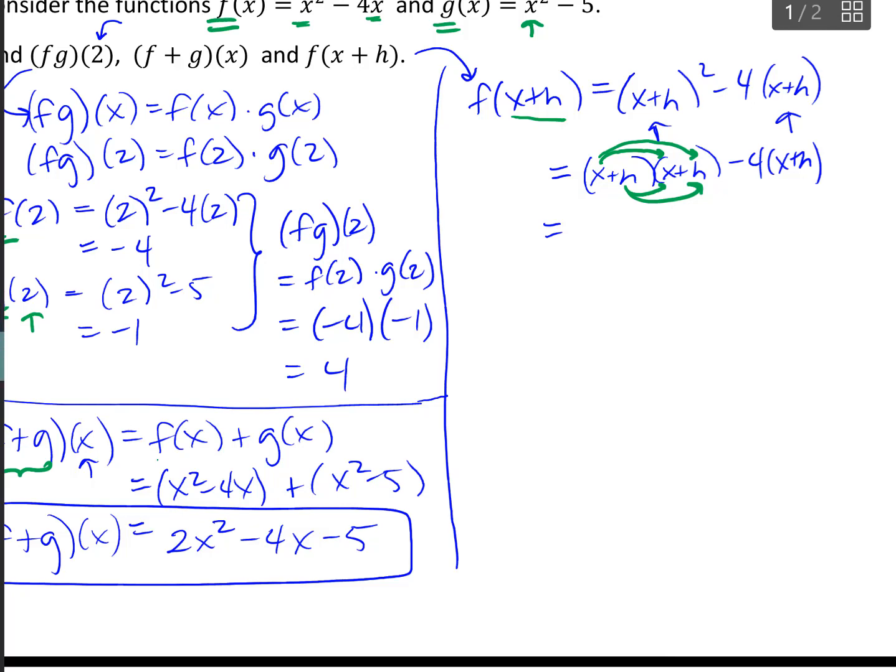So x times x is x squared. x times h is hx. And then we distribute the h. h times x, there's another hx, and h times h is h squared. I'm running out of room, but I still have this minus 4 times x plus h, which is a minus 4x minus a 4h. The negative gets distributed along with the 4.